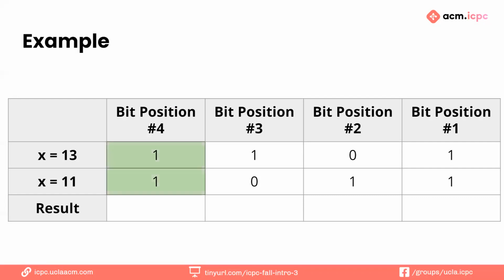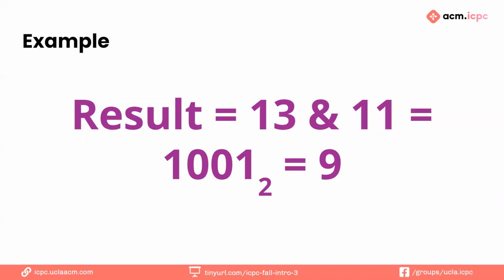We take the AND operator on each column. 1 and 1 is 1, 1 and 0 is 0, 0 and 1 is 0, and 1 and 1 is 1. So this is the line that we get, 1001, which in decimal representation equals 9. That means 13 and 11 results in 9.